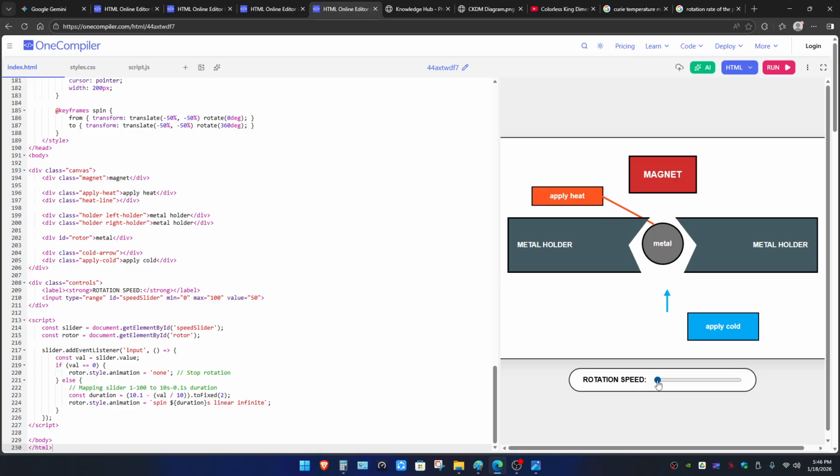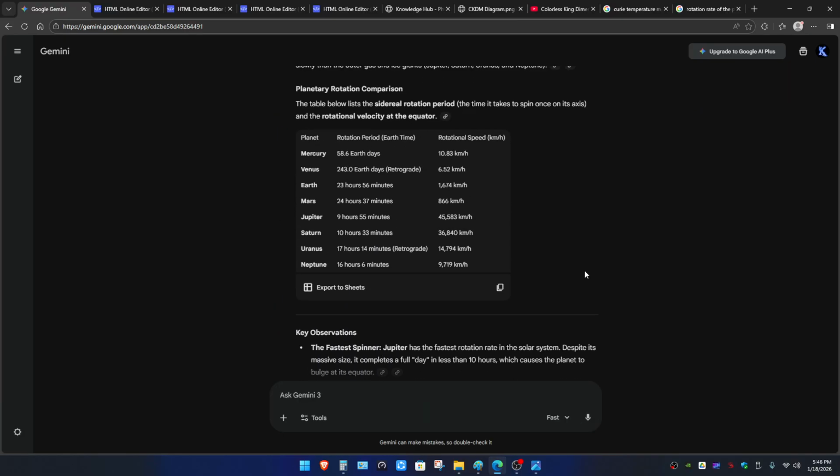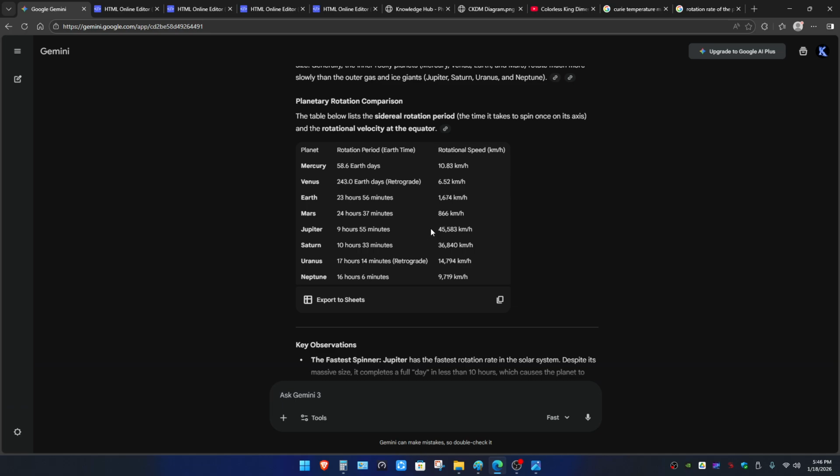So if Venus has a very slow movement, then maybe the material composition of Venus is not the same as that of Earth, and not the same as the planet which has the highest speed, which is basically Jupiter.